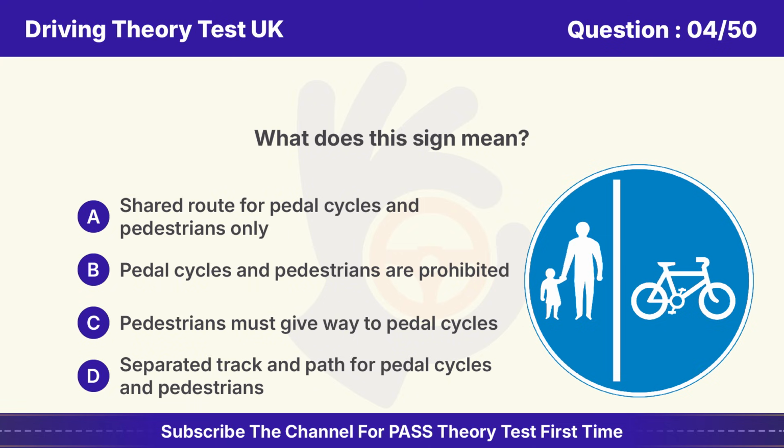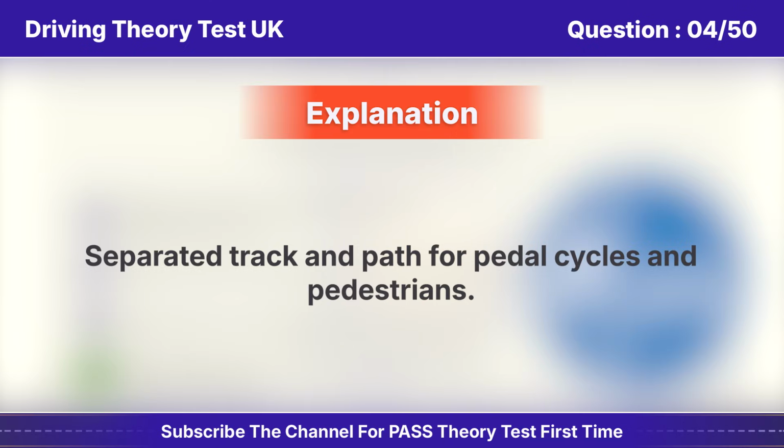Question 4. What does this sign mean? Answer is D. Separated track and path for pedal cycles and pedestrians. Separated track and path for pedal cycles and pedestrians.